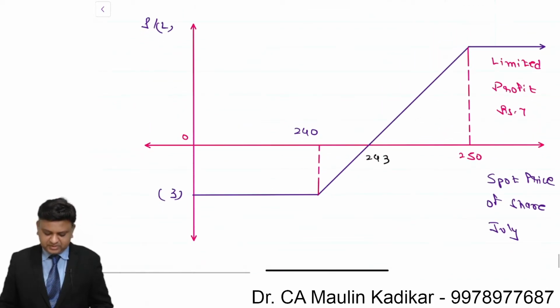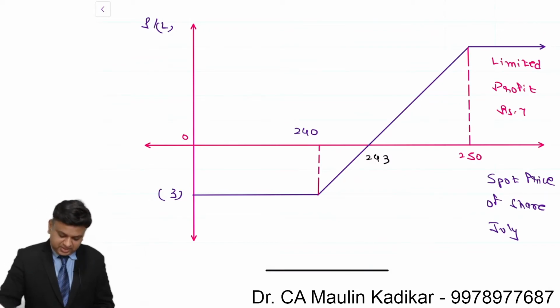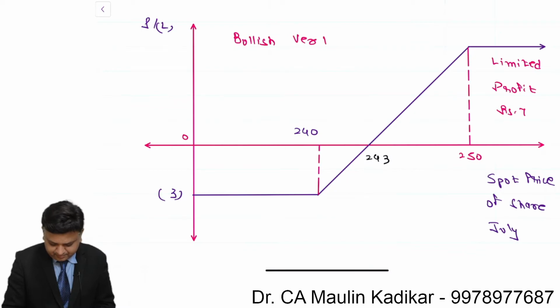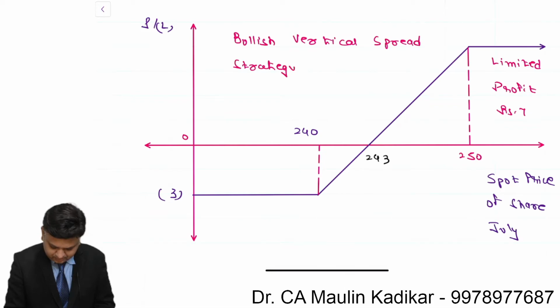That is the spot price of the equity share at which there is a no profit, no loss situation. This is what we understand as a bullish vertical spread strategy using call options.